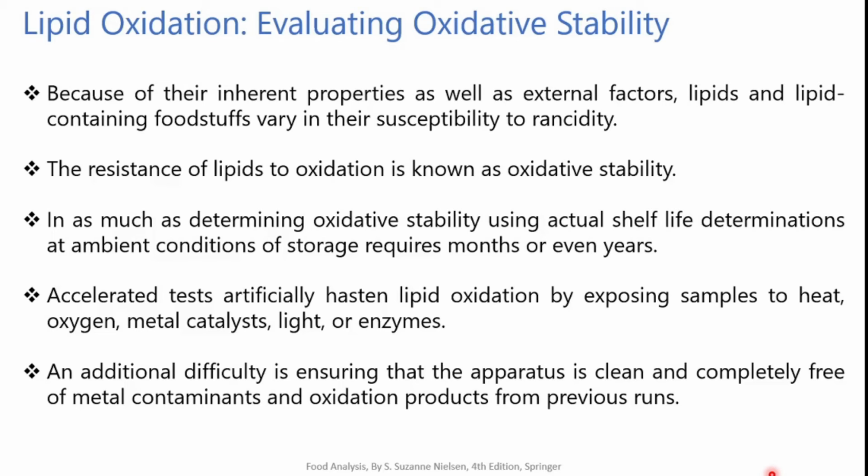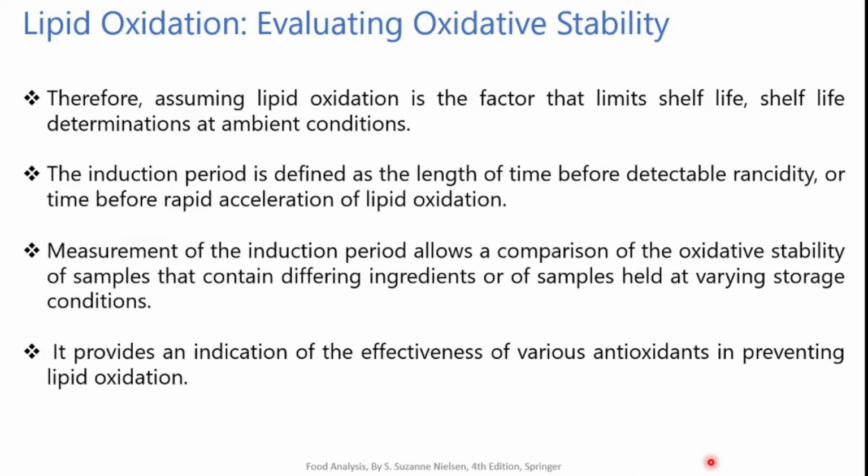Accelerated tests artificially hasten lipid oxidation by exposing the sample to heat, oxygen, metal catalysts, light or enzymes. An additional difficulty is ensuring that the apparatus is clean and completely free of metal contaminants and oxidation products from previous runs. Therefore, we assume lipid oxidation is the factor that limits shelf life at ambient conditions.